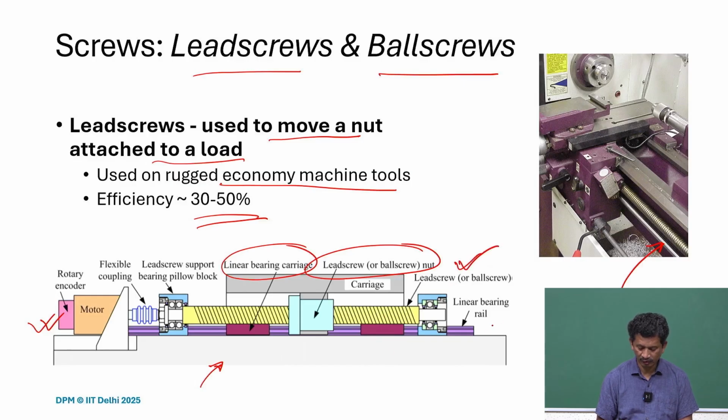It's also moving on a linear bearing rail, and then you have the flexible coupling. So one has to be aware of these elements, and I think by now one would be able to understand why all these elements are there.